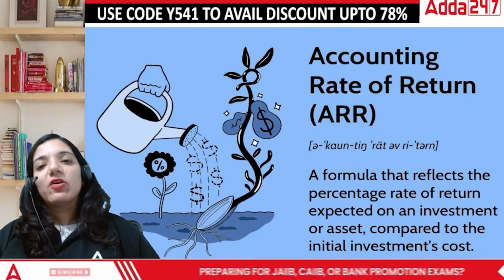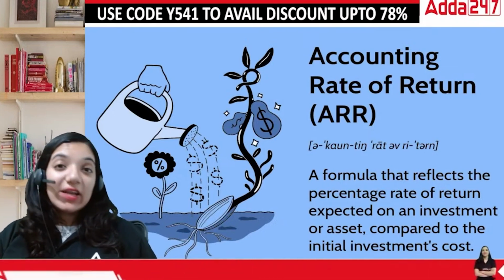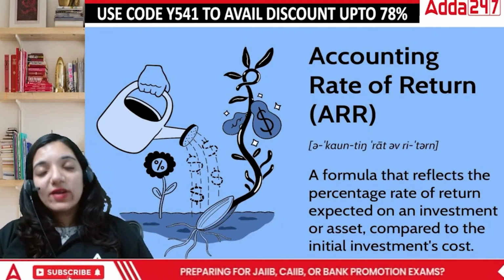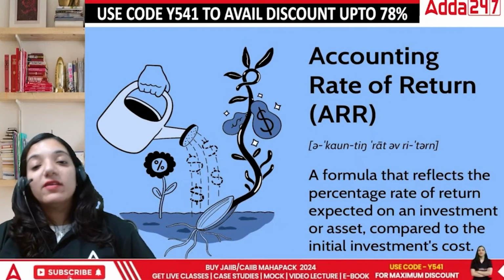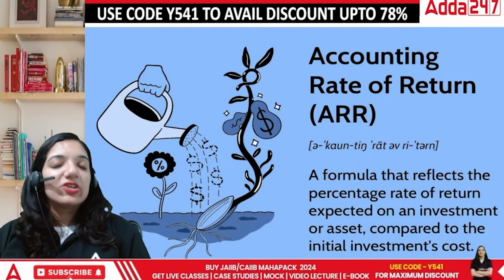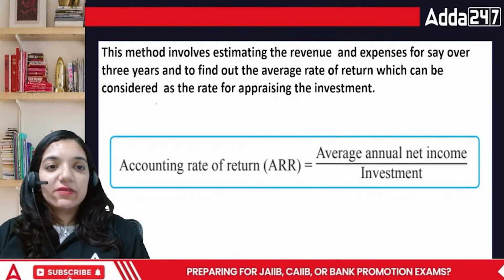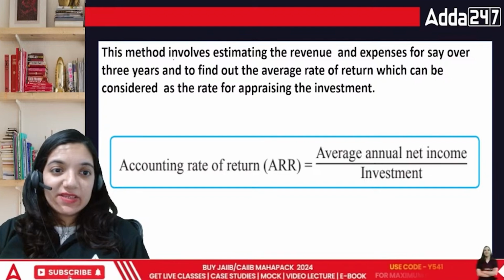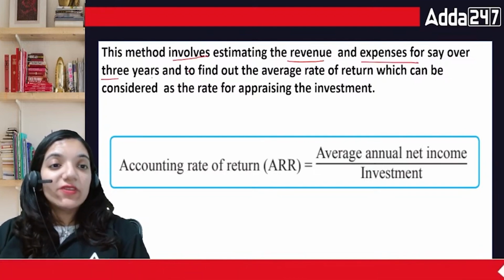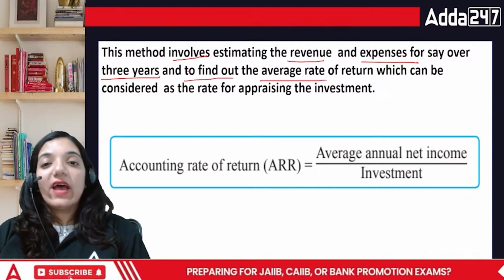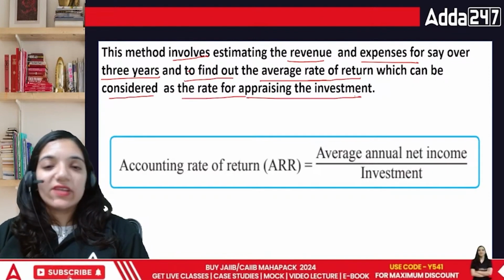If you look at the area of accounting rate of return, this is the formula which reflects your rate of return, whatever return you are getting because you invested money in this, compared to the initial investment cost. This method involves estimating revenue and expenses for, say, 3 years and finding the average rate of return, which can be considered as the rate of appraising the investment.